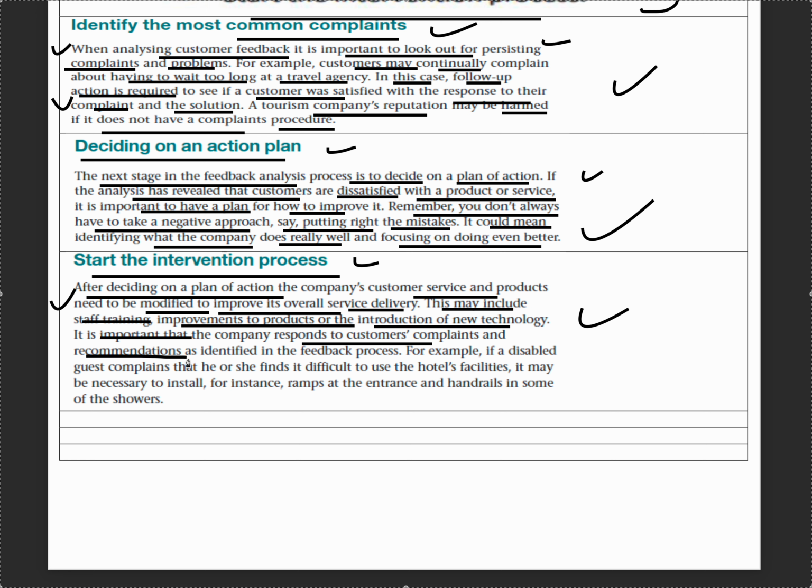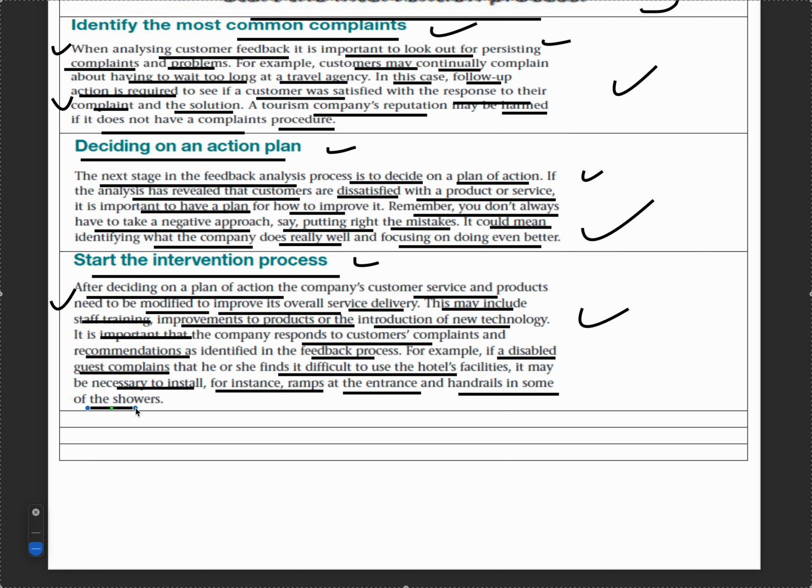I recommend an identified feedback process. For example, if a disabled guest complains that he or she finds it difficult to use the hotel facilities, it may be necessary to install, for instance, ramps at the entrance and handrails in the shower.